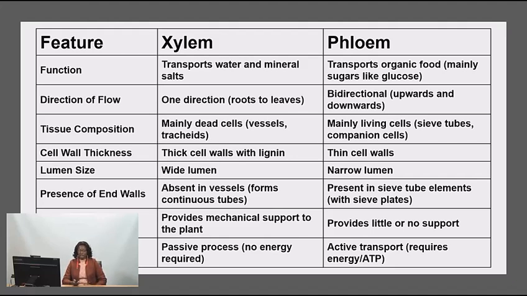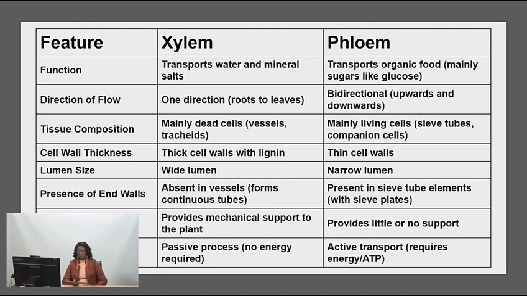So, the presence of the end wall. In the xylem, the end wall is absent in the vessels and forms as it grows continually. In the phloem, the end wall is present in the sieve tube elements with sieve tube plates. The support role.